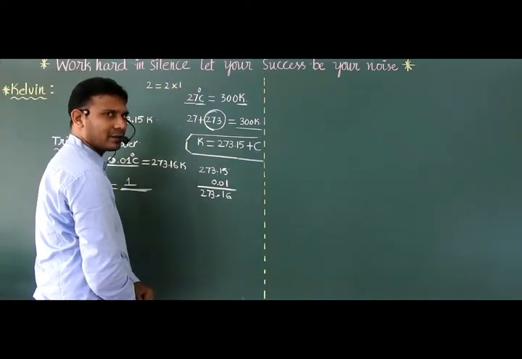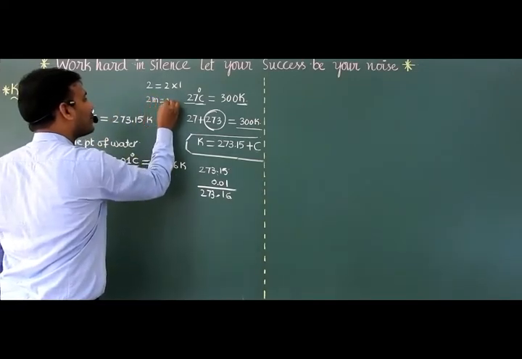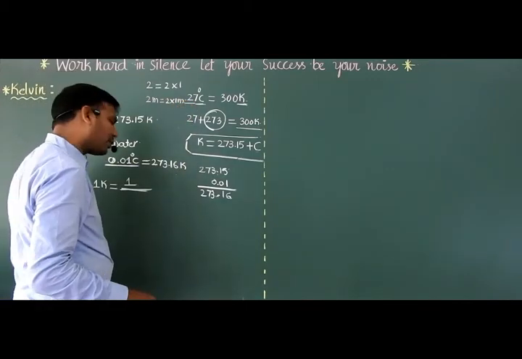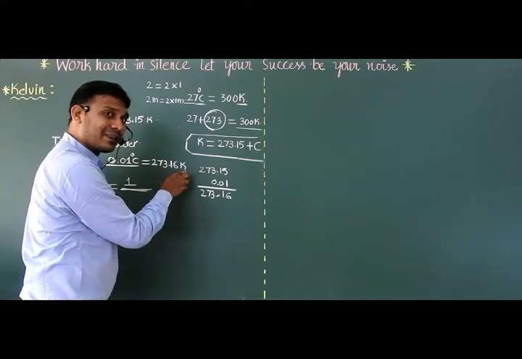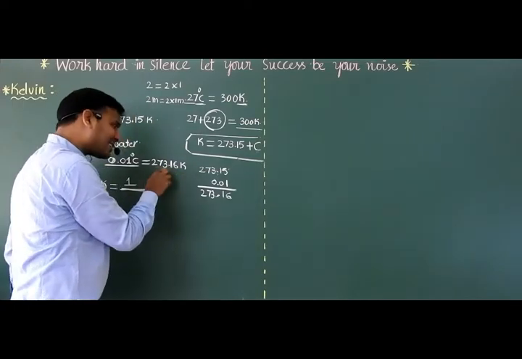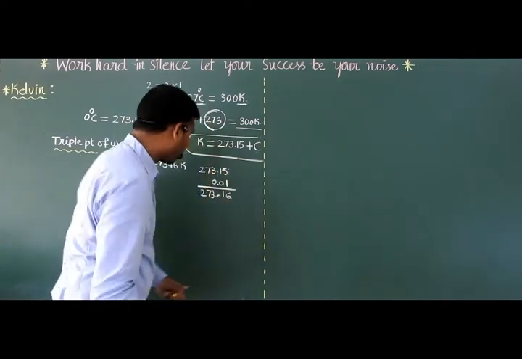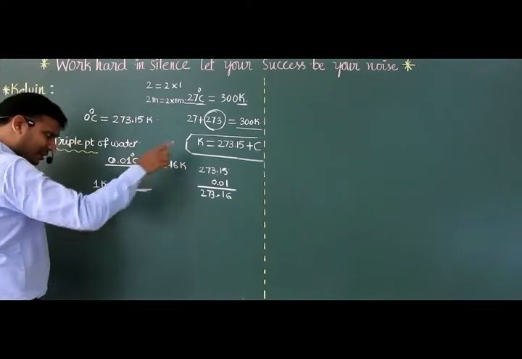Am I right? 2 meters under 2 into 1 meter. Correct? 273.16 Kelvin means 273.16 into 1 Kelvin. Correct only. Now I am writing 1 Kelvin. 1 Kelvin is equal to, this is taken this side, denominator.